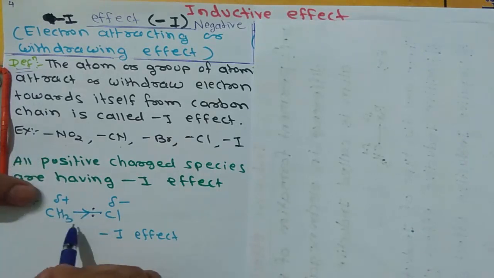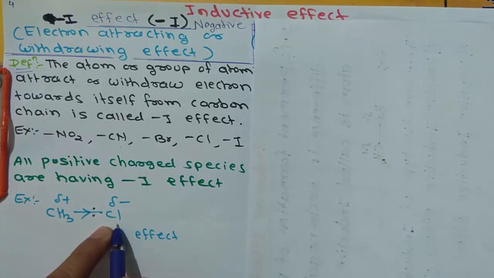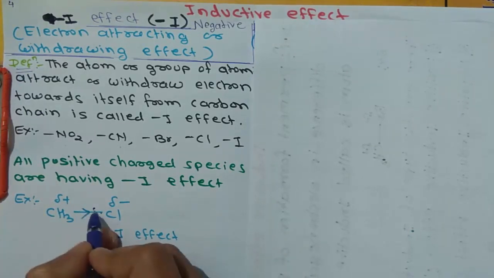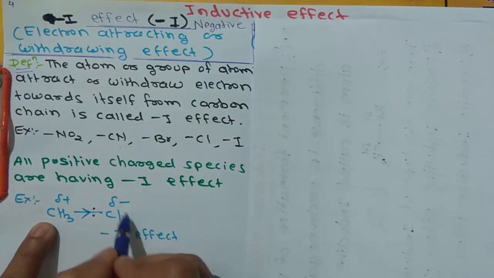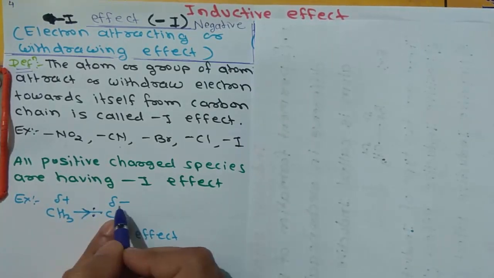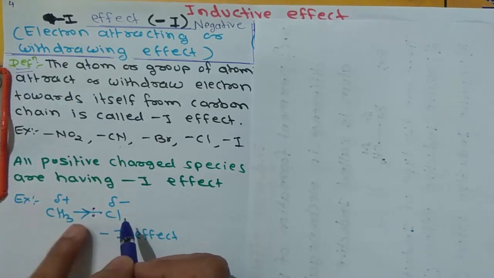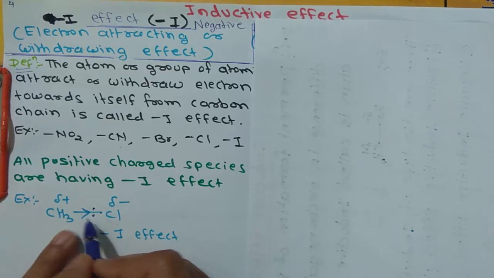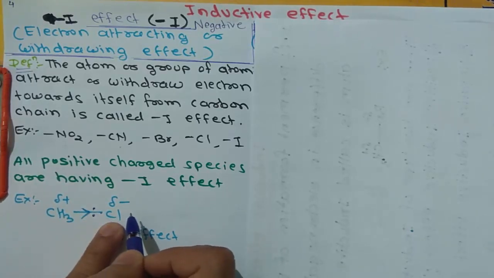In these examples, the atom or group of atoms attracts the electron towards itself. Here in this example CH3Cl, this chlorine atom attracts the electron towards itself. I am drawing this arrow because the movement of electrons takes place from the center closer towards the chlorine atom.